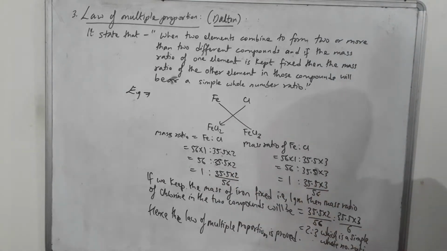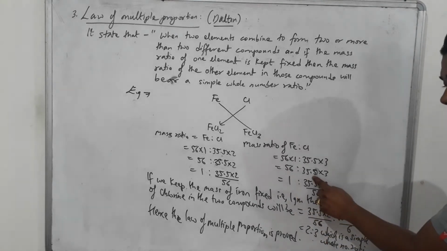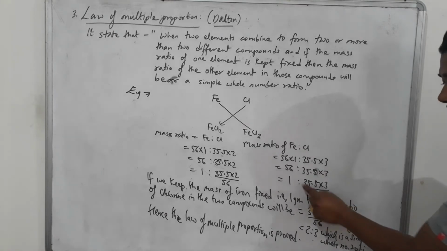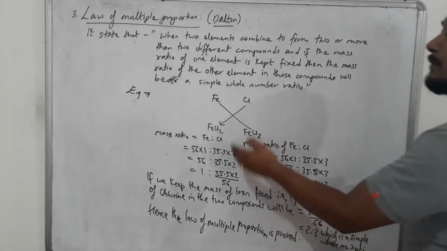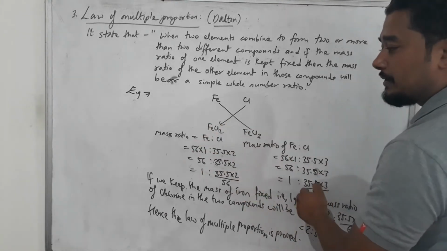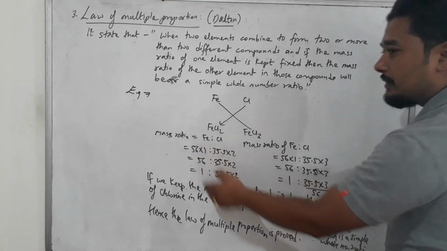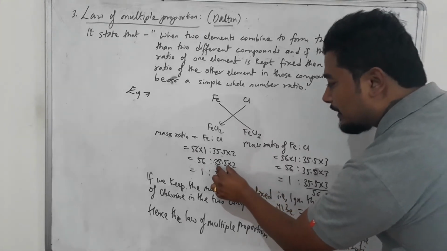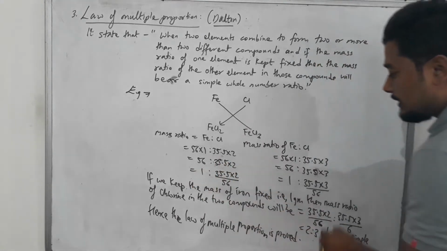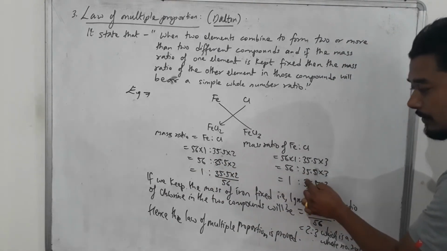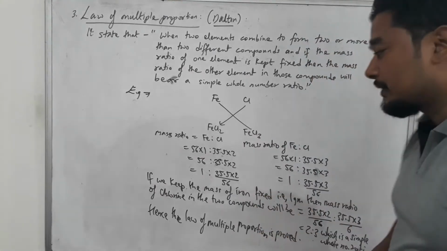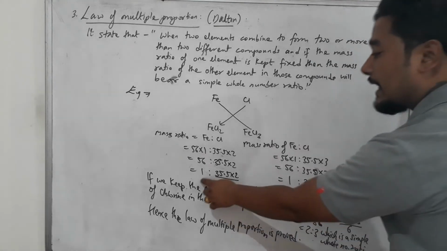Similarly, here also I bring this down: 35.5 into 3 upon 56, and here what remains is 1. You have to keep the same element fixed in both the cases. If you want to make chlorine fixed, then you bring this 2 down, here will be 1. Similarly, you bring this down, here will be 1. So it's your wish, students, whether you want to make iron fixed or chlorine fixed, but I have chosen iron fixed.